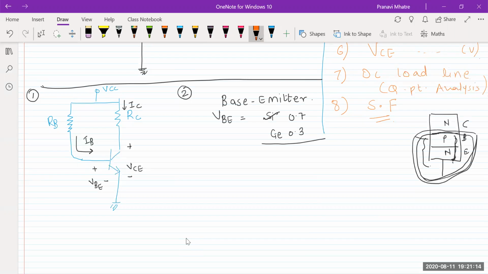For that, I'll draw the base emitter part only, where the emitter is connected to ground. My base is connected through RB to VCC. The current through this is IB.